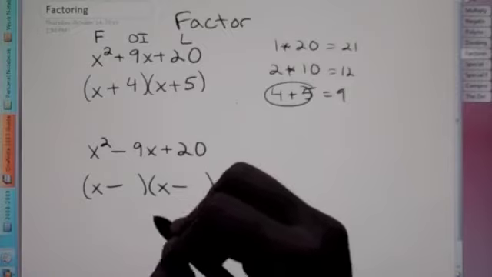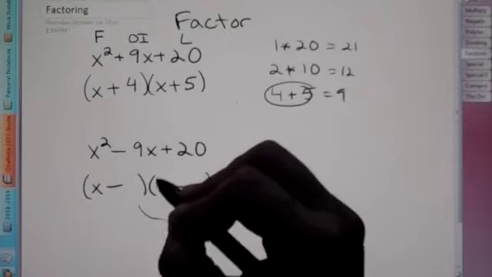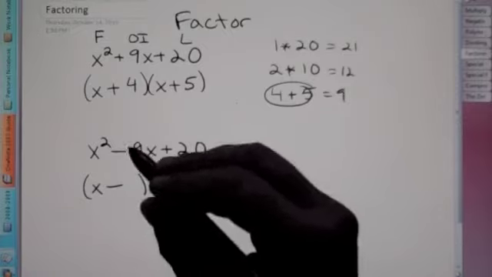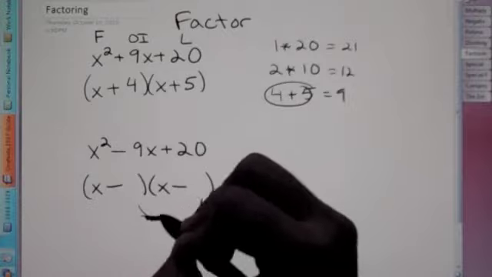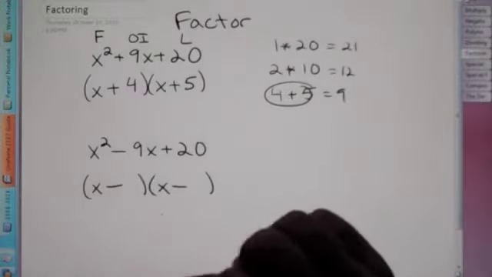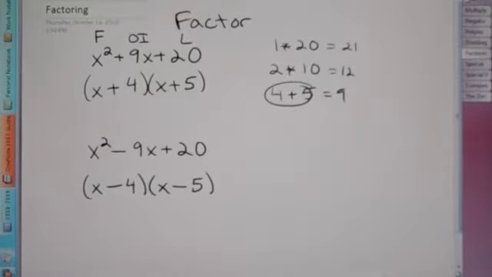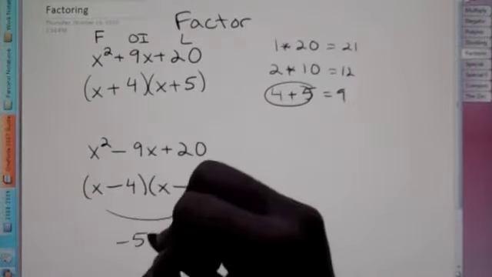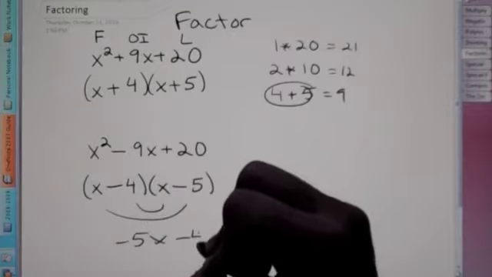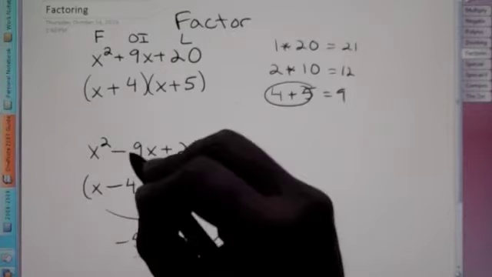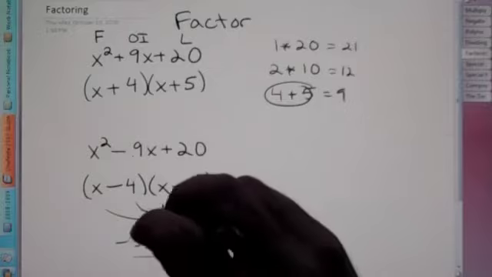Because negative times negative is a positive, but negative plus negative gives us a bigger negative. So we're still trying to figure out what factors add up to 9, just like in our last case. It's going to be 4 and 5, because this gives us negative 5x, and this gives us negative 4x, which when we combine gives us negative 9x. Okay?